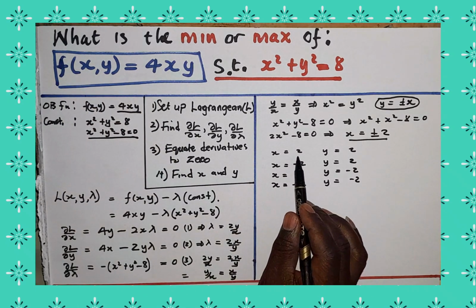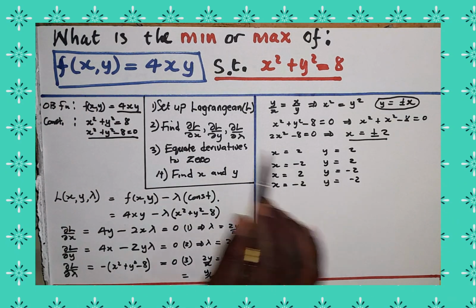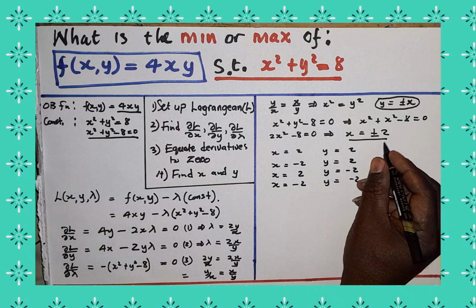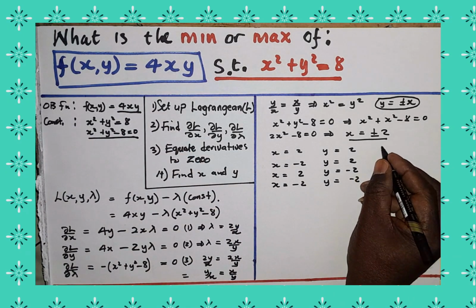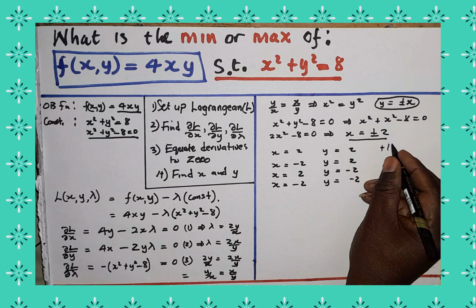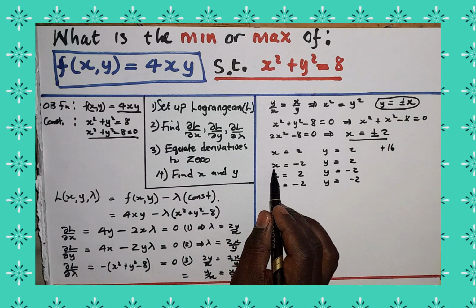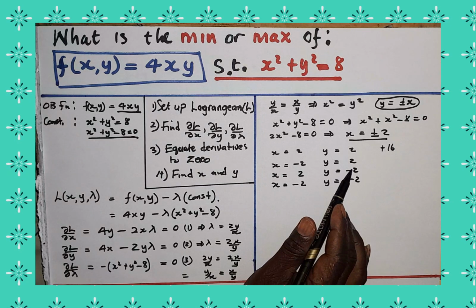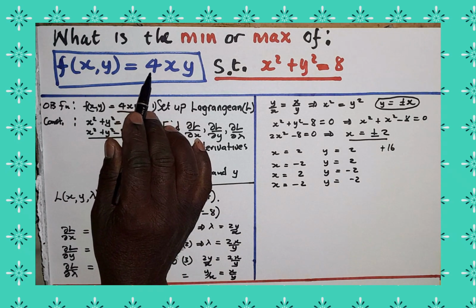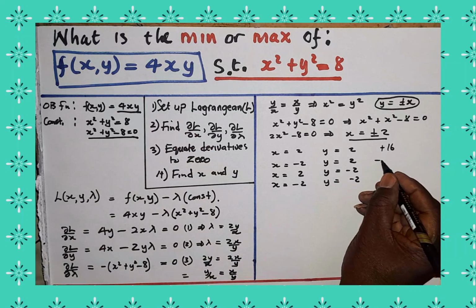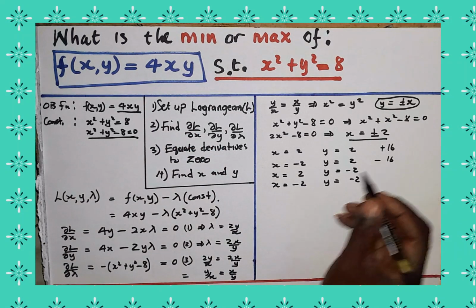Well, when x is 2 and y is 2, we have 4 times 2 times 2, which is a plus 16. So we have a plus 16 here for our f of xy. Second scenario, when x is minus 2, y is plus 2, we have 4 times minus 2, which is minus 8 times 2, which is a minus 16.